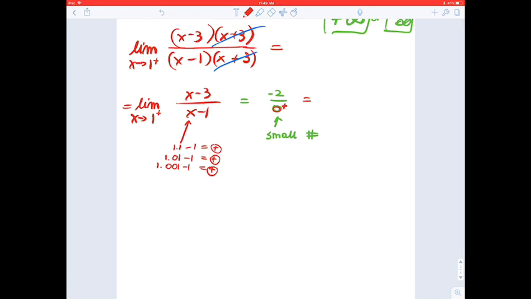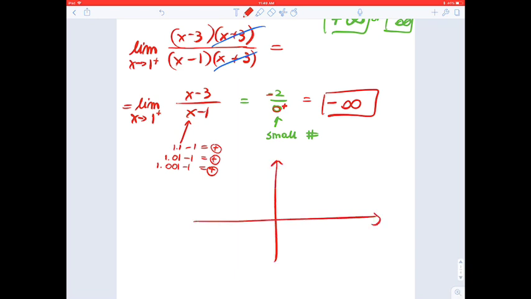Now we have to use the arithmetic, of course. Negative 2 over positive is negative, and 2 over a small number is a big number. That means negative infinity is the final answer. And again, I can try to show what is happening with this function based on that result.